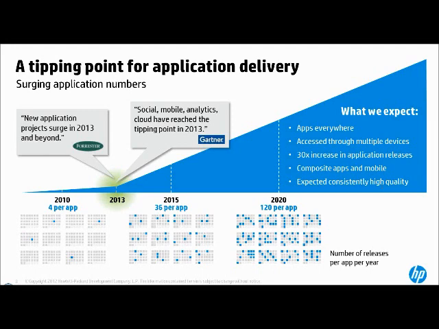But today, with the duality of mobility and cloud, these challenges have simply disappeared. So it's not any surprise that we've reached, and not only reached, we've exceeded the tipping point for application delivery.